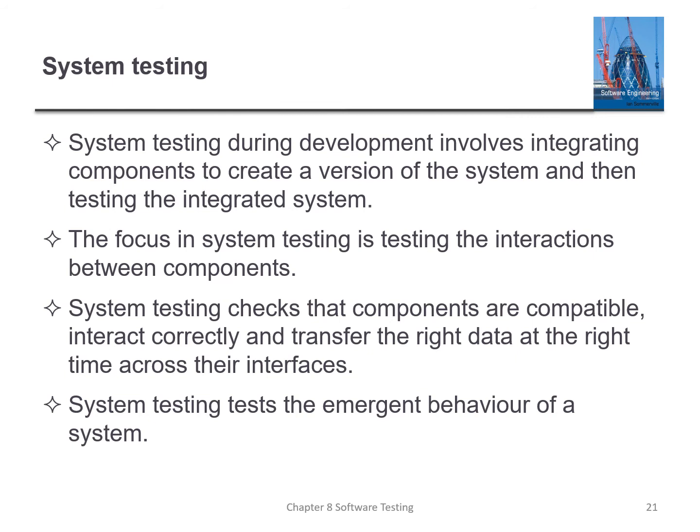System testing is done during development also, involving integrating components to create a version of the system, and then testing the integration of the system. At this point of time, you can imagine there are many components, more components compared to component testing, and we want to see how these components are communicating with one another.